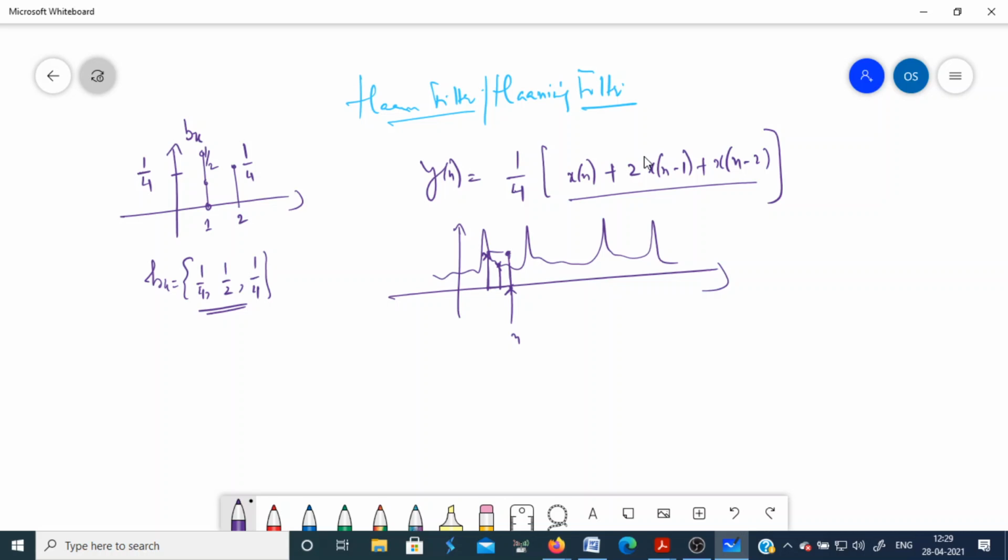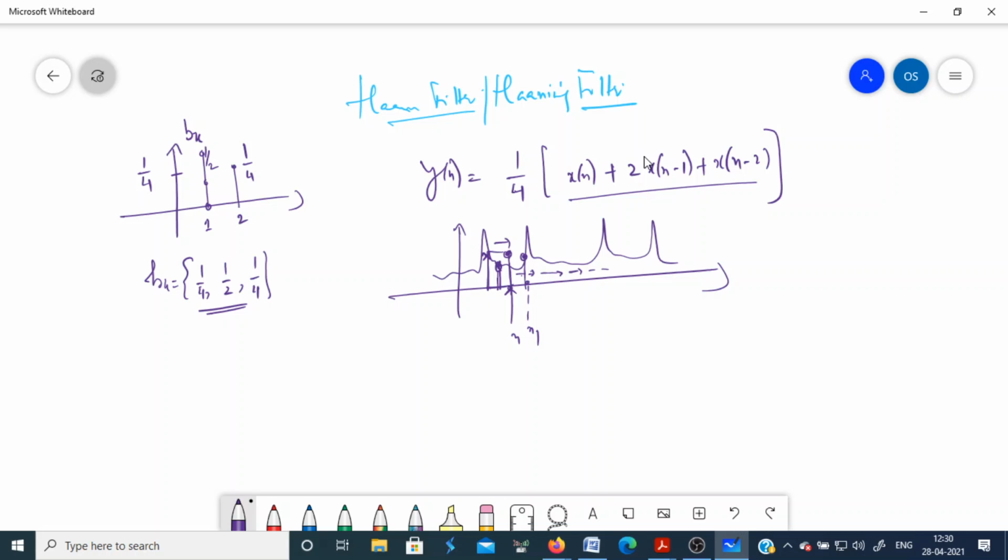You will get the output at that particular instant of time. At the next time n plus 1, this window will move ahead. So it will now see this sample and the previous 2 samples, and these get multiplied with 1 by 4, 1 by 2 and 1 by 4, again added together, and so on. Like this, the window will move ahead.